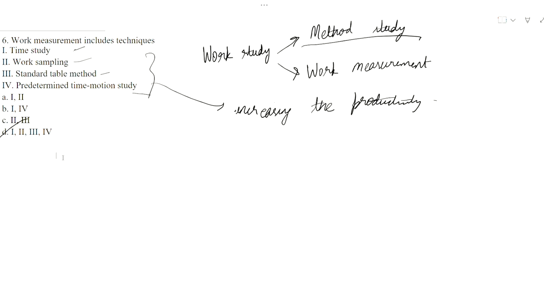Method study is the study of the methods followed for improvement of methods, while work measurement measures or quantifies the time which is utilized in doing the work.